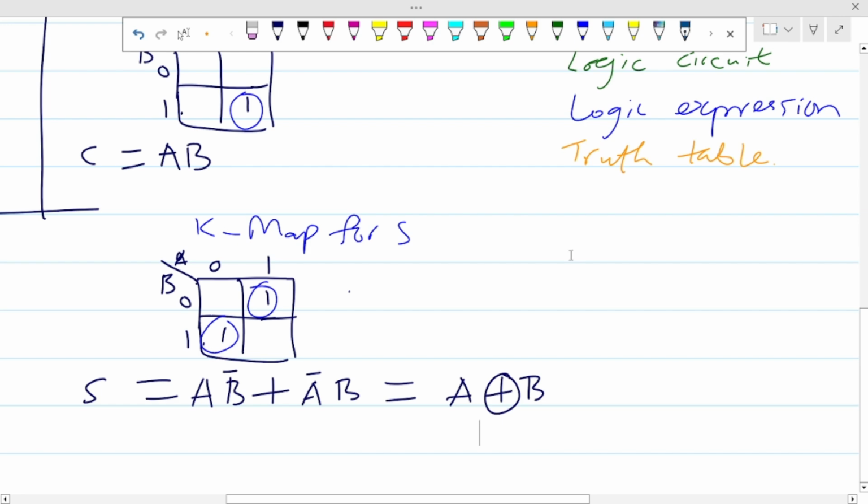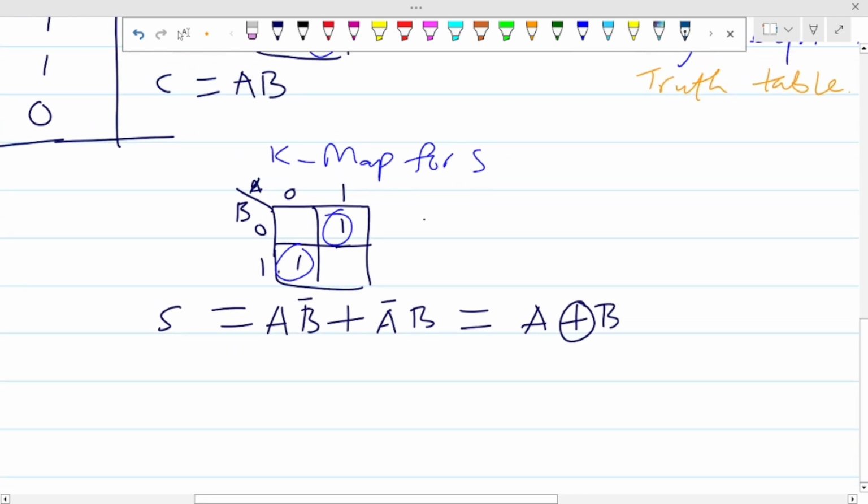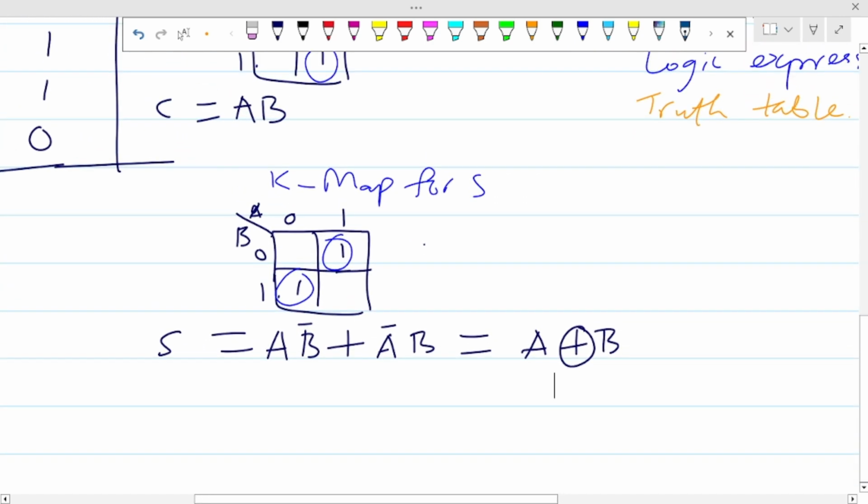Now for the logic circuit, this is what we need.